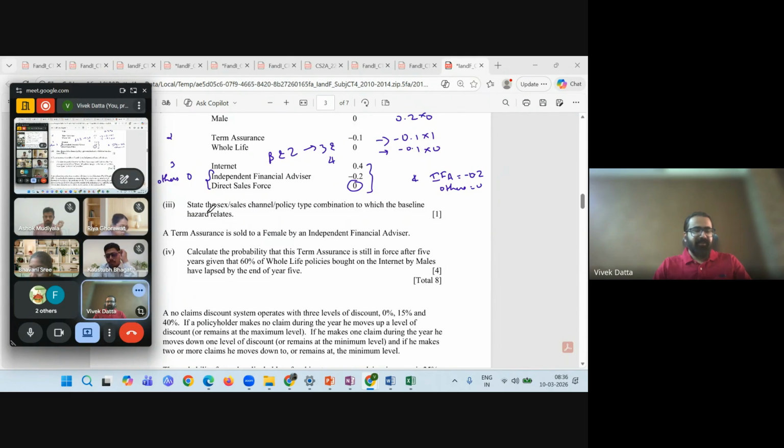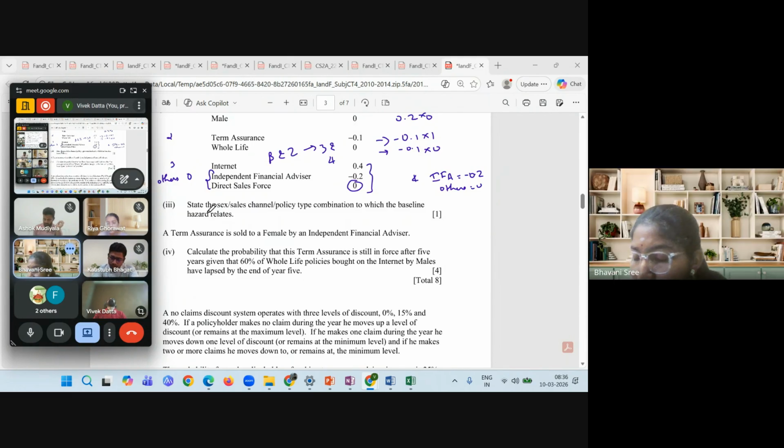Yes. Which is what? I thought the first line of the question is the term assurance is still in force, and they've given the probability for lapse. So I thought the probability for still in force will be 0.4. Okay. Then what's your equation?